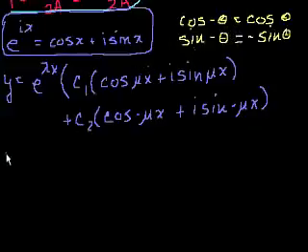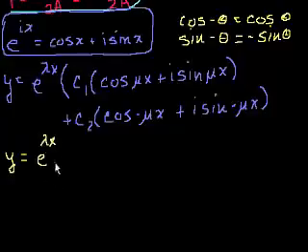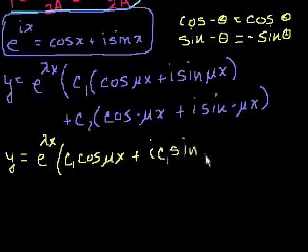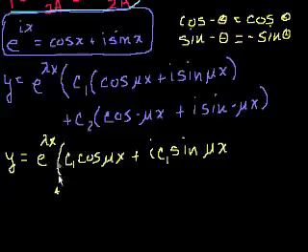So we get y is equal to e to the lambda x times, and we could actually distribute the c1 too, so times c1 cosine of mu x plus i times c1 sine of mu x, all of this in the parentheses right here, plus c2.